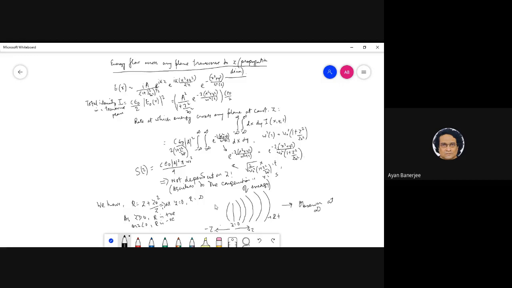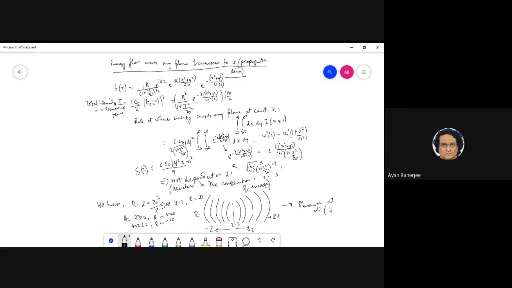And if they see a concave radius of curvature, they perceive that as negative. They consider R as negative.